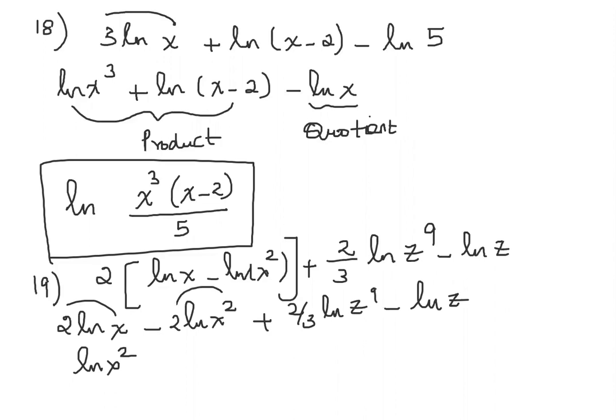This goes here, so it becomes x to the 2 times 2, which is 4. And then this goes here, that becomes ln z to the 6. Multiply 2/3 times 9, you will get that.